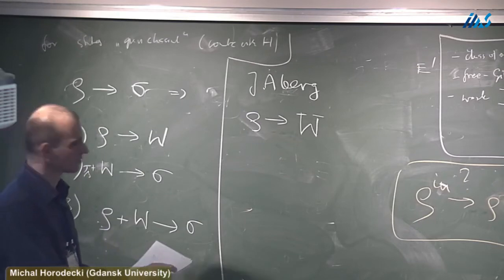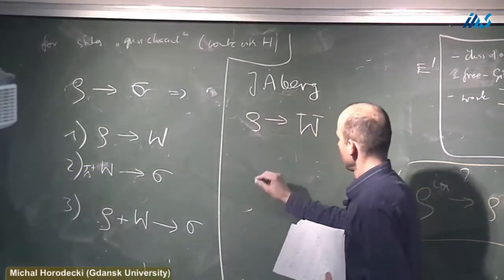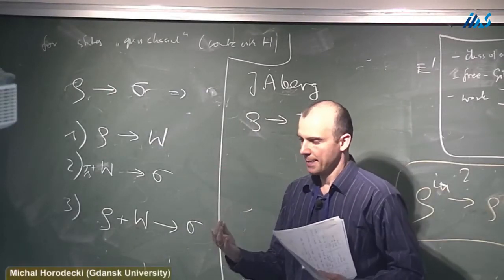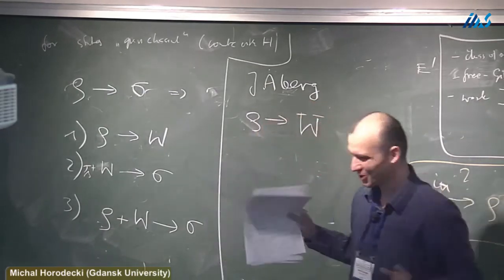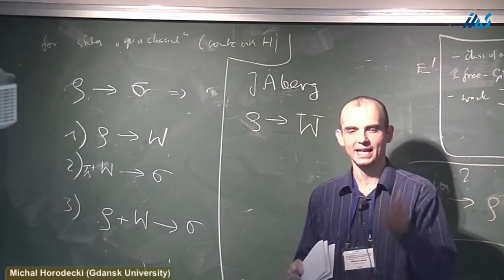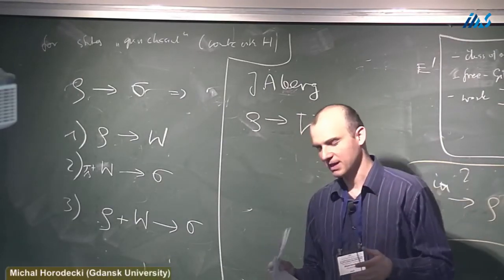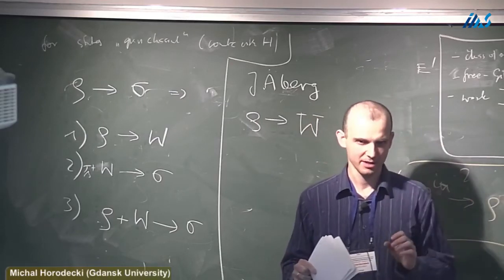The answer, yes. Right. So the answer is the following. How I like this single shot approach is different. I have a single copy of a state. I know what I can exactly get, and then I smooth. So I say, but now suppose I want to tolerate some error.